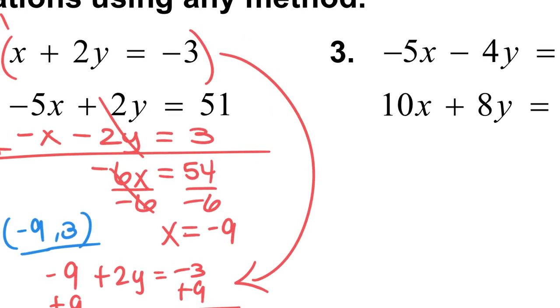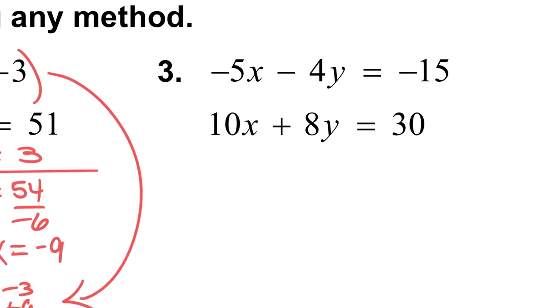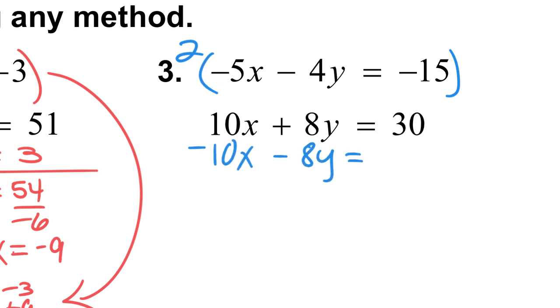In number 3, we have another method that we could again use, which will be elimination. If I multiply my first equation by positive 2 to cancel out the 10, I will have negative 10x minus 8y equals negative 30.